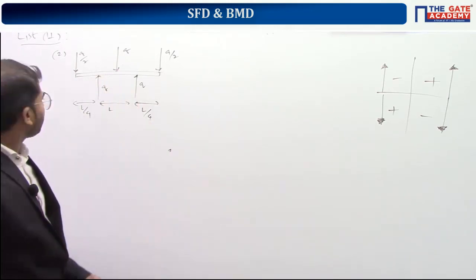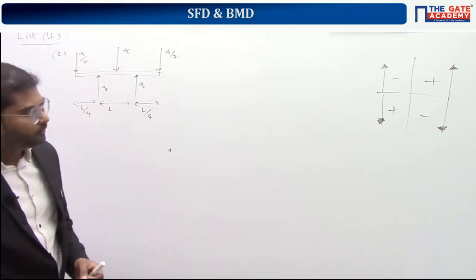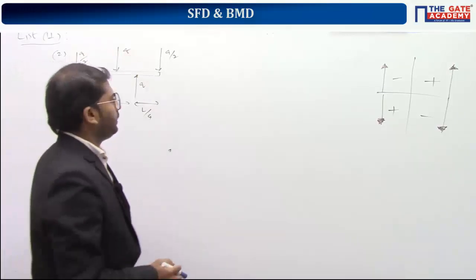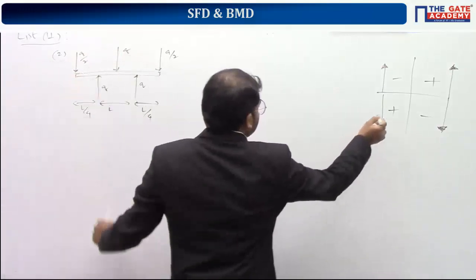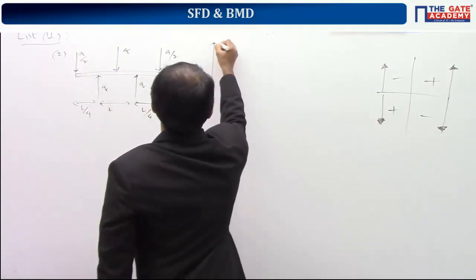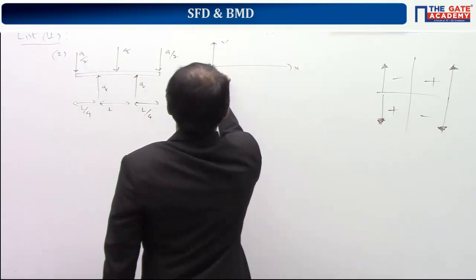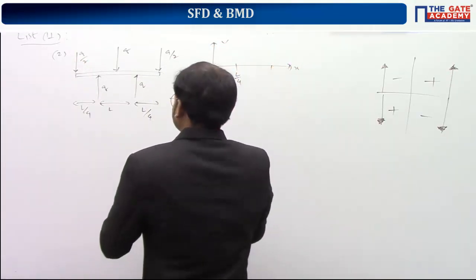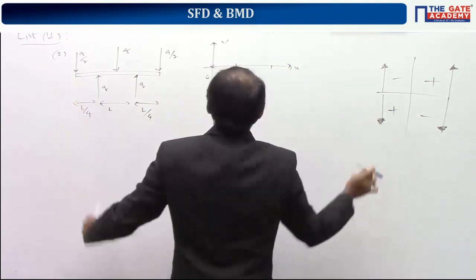Now if you draw the shear force diagram for this, from left side to right side I'm drawing. Here at this location, downside force Q by 2 is acting, so shear force will be positive.